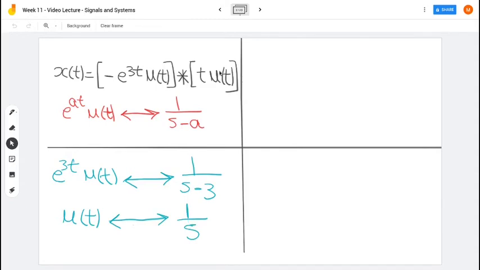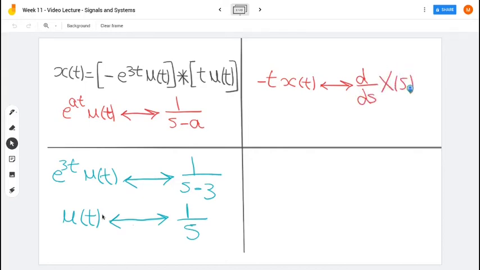Now we have a t multiplied by u of t, and if you remember from the differentiation in s domain property, the property said that if in time domain we have minus t times x of t, this is equivalent to differentiating the Laplace transform we have with respect to s.